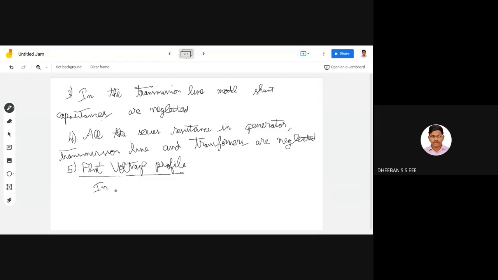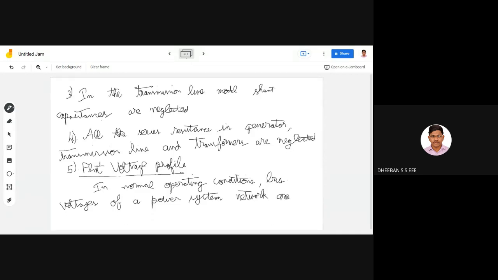So in normal operating conditions, bus voltages of a power system network are usually kept close to nominal value.